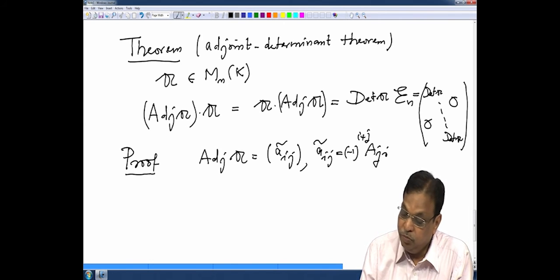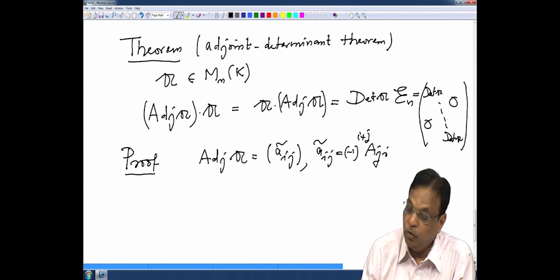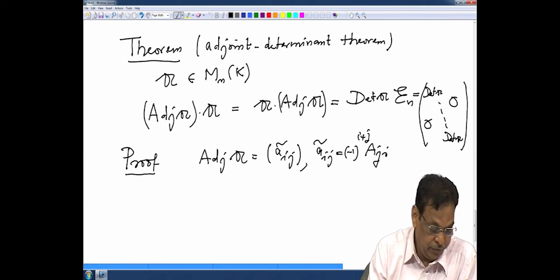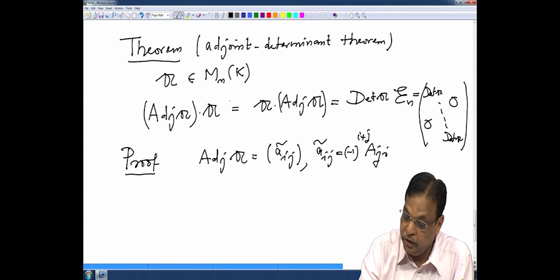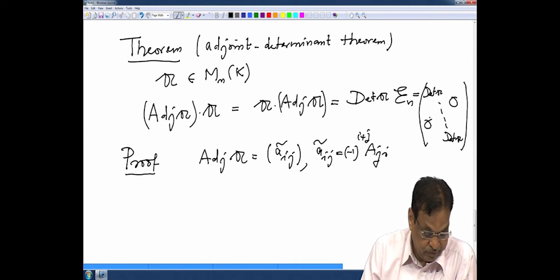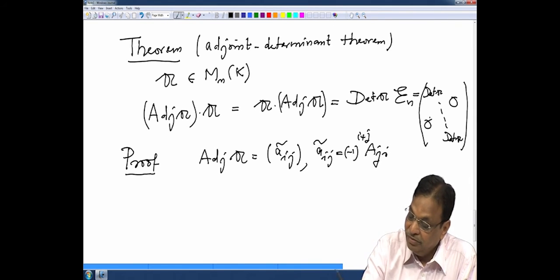I will prove only one of the equalities, and the other equality will follow by replacing A by A transpose, or by using the column expansion for one and the row expansion for the other.